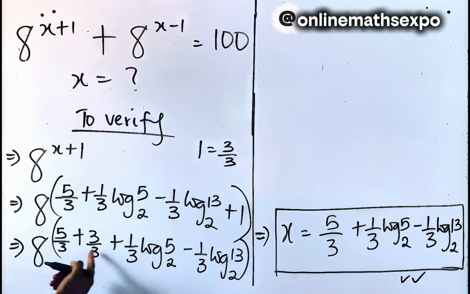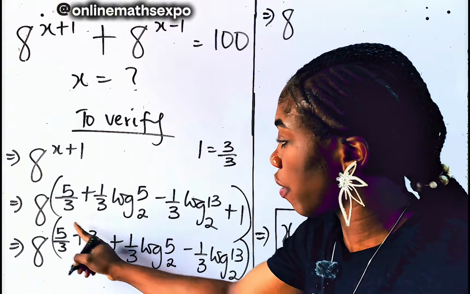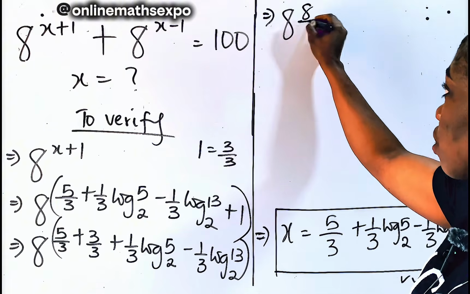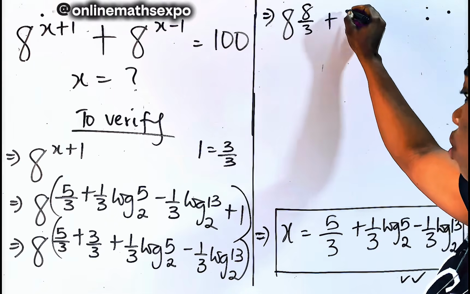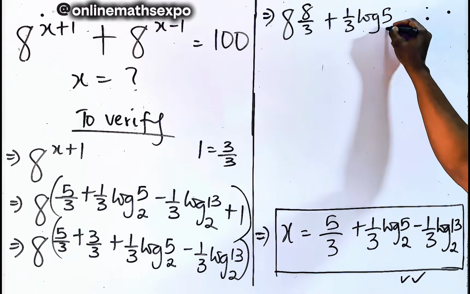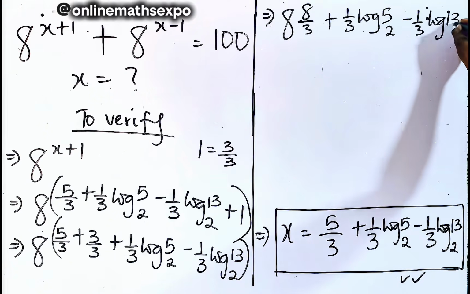So simplify. This gives us 8. Now add the numerator since the denominators are the same. So we have 8 on 3 plus 1/3 of log of 5 base 2 minus 1/3 of log 13 base 2.